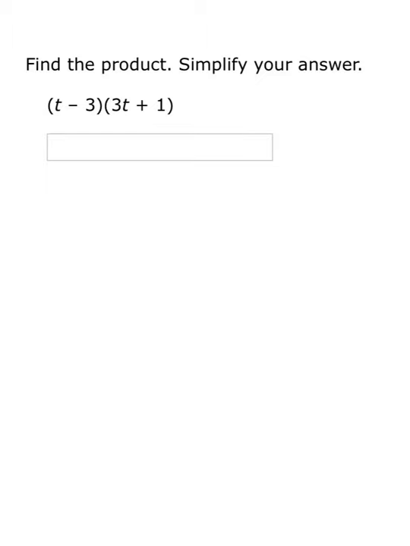Okay, we're getting a little bit harder. So I'm going to still distribute out this very first term to each number in the second parenthesis. So this time I'm starting with t times 3t. T times 3t would be 3t squared, because 1 times 3 is 3, and t times t is t squared.